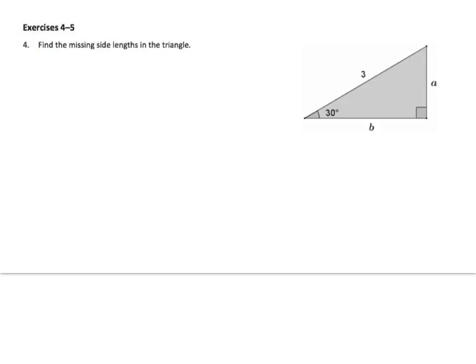Find the missing side lengths in the triangle. This is sort of like the meat and the potatoes of the lesson. This is why we did it. We're trying to find A and B, and we can use sine and cosine to do that. So what I usually do, first we have to know the hypotenuse, so I just drew an angle there. And now let's start with sine of 30.